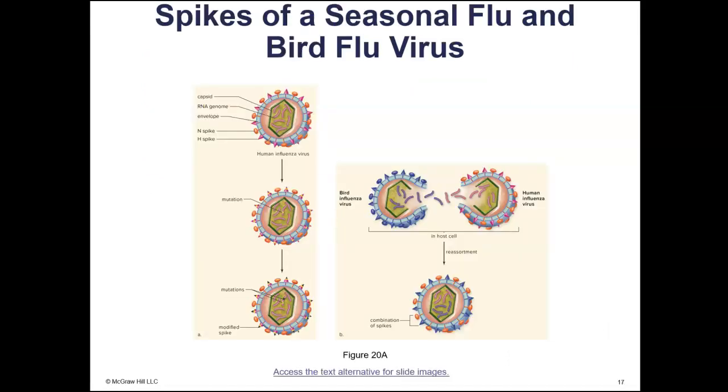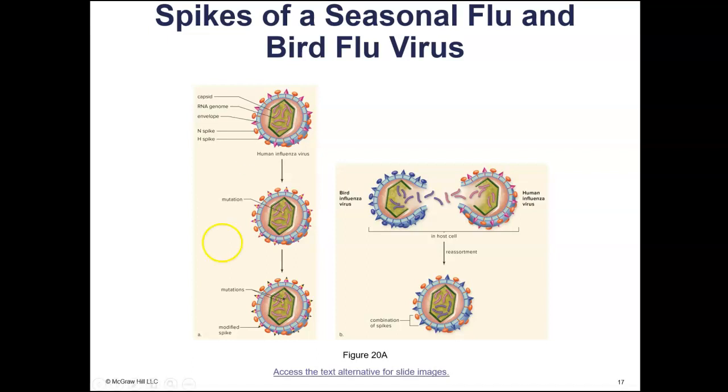All right, so what we're looking at here in picture A is the original human influenza virus, and you can see the N spikes have kind of a round surface and the H spikes have a pointy surface so they can attack the plasma membrane of the host cell, which is the cells of our respiratory tract.